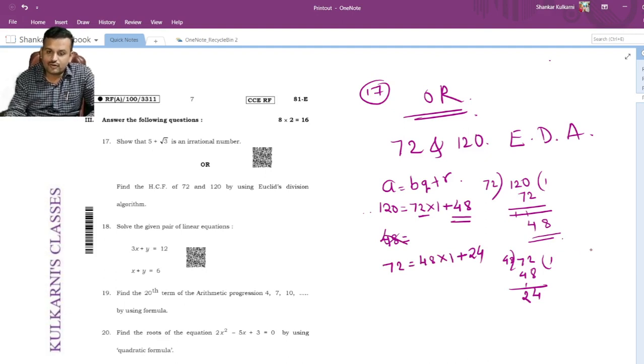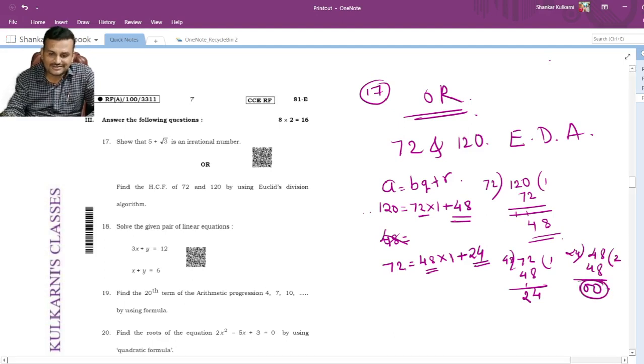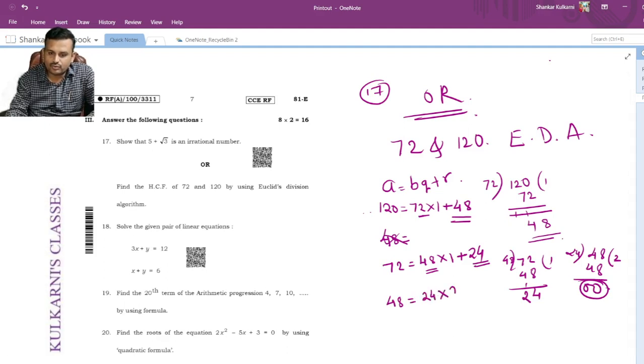Now again, from this remainder we should divide 48. When you divide 48 by 24, 24 twos are 48, and here is the 0. So finally I am getting 0 as remainder. Now 48 can be written as 24 into 2 plus 0. Very important.